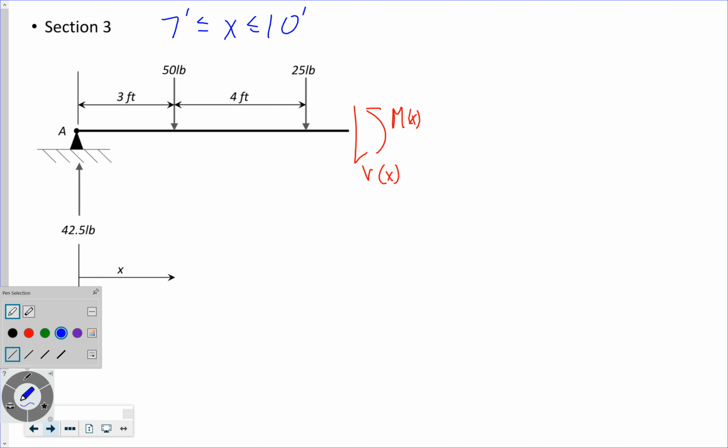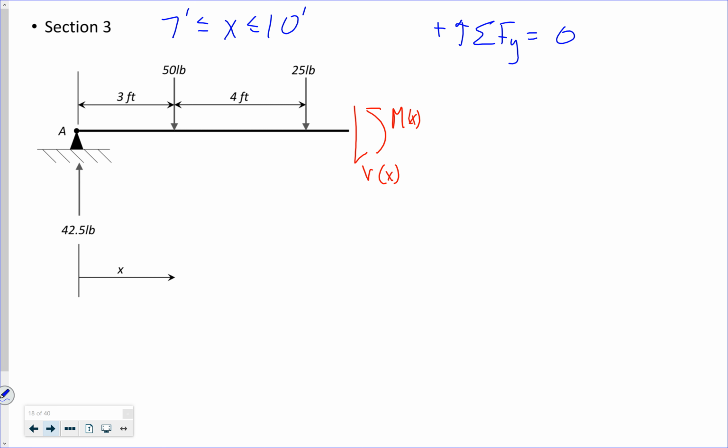Let's look at the sum of the forces in the y direction. I've got my 42.5 pounds acting up, my 50 pounds acting down, my 25 pounds acting down, and my shear acting down.